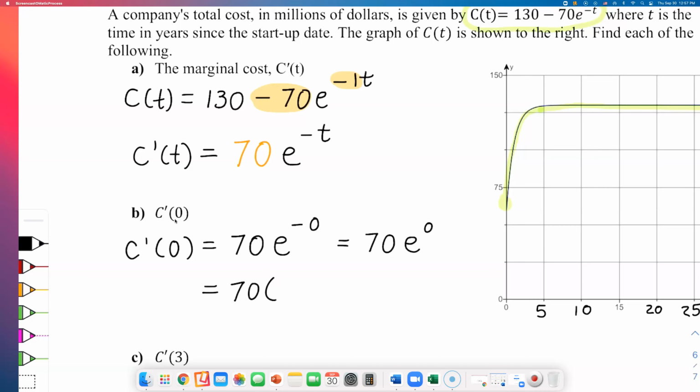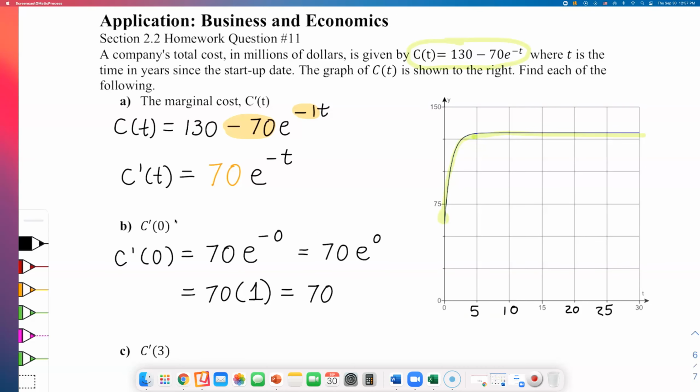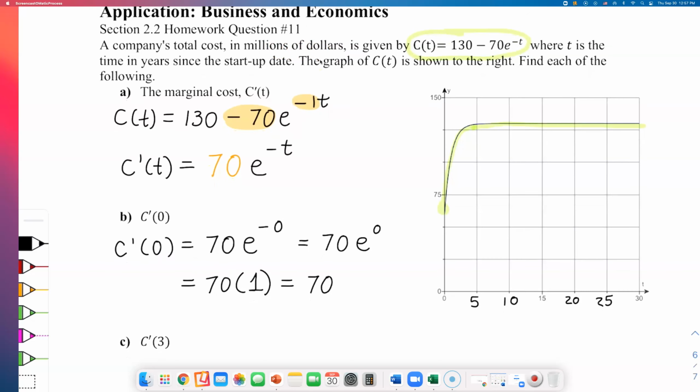I want you to remember that anything to the 0 power is just 1. So what we got is 70. Now, how much money are we talking about? C is in millions of dollars. So 70 million dollars per year. That will be the answer.